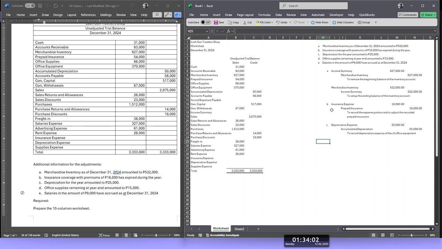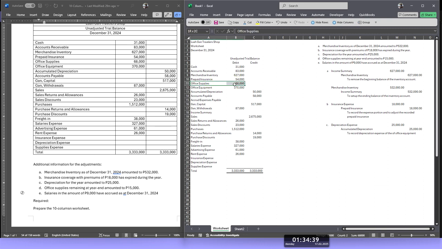Office supplies remaining at year end amounted to 15,000. So remaining at year end means this is the unused supplies at the end of the year. Unused supplies are still an asset as of year end. So in the trial balance, the company has a total of 68,000 available supplies for use during the year.